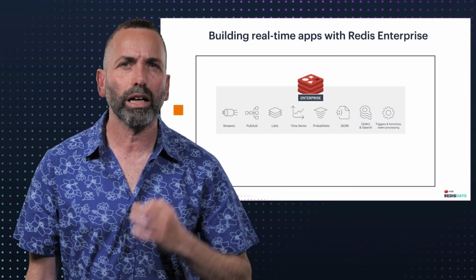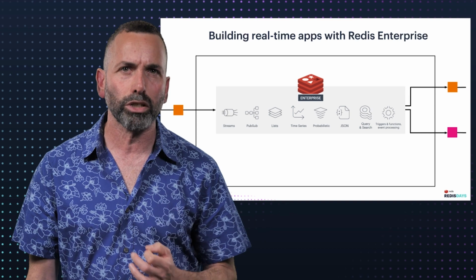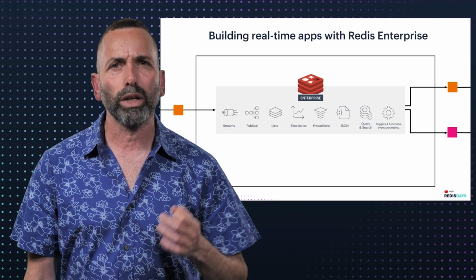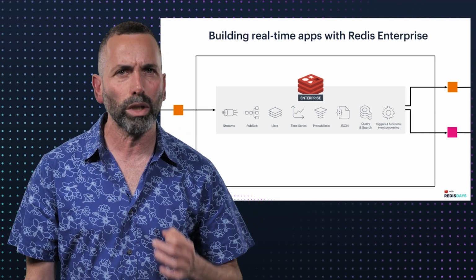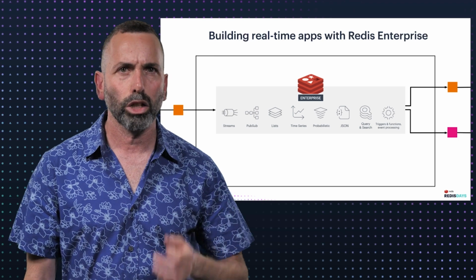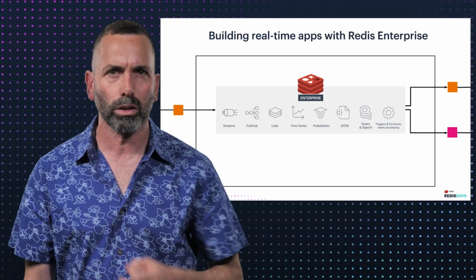From the very beginning of the project, we've been on a mission to keep it simple. We continue with that mission in mind when we built Redis Enterprise to support mission-critical workloads.